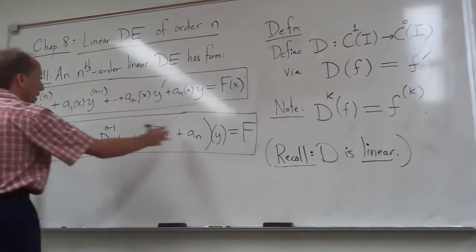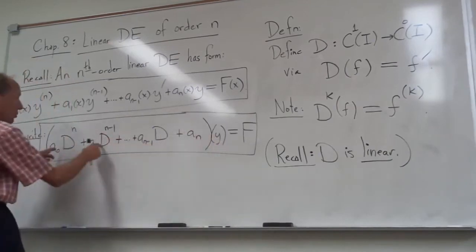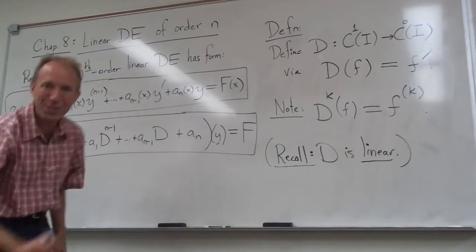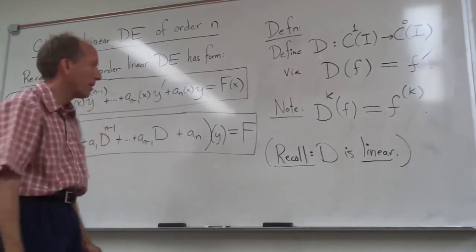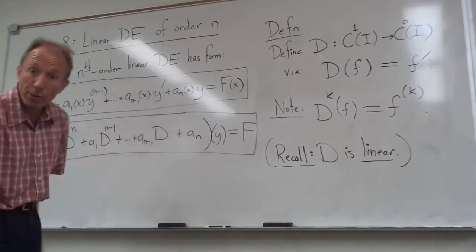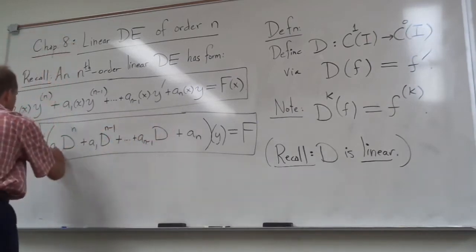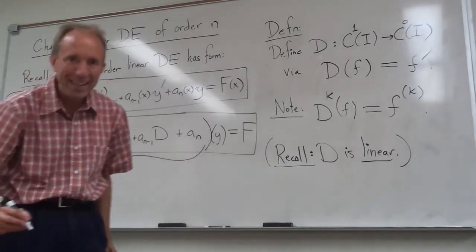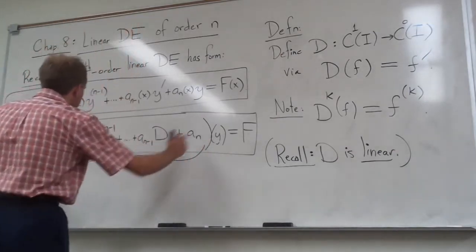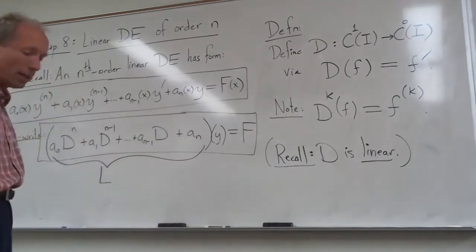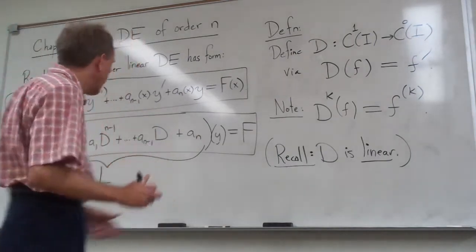So I've just abbreviated things a little bit, but this is the way it would look. If you literally imagine distributing this sum out to the y's, you're just going to get each one of these terms that's sitting right here. This is just a combination of linear operations. So this whole thing is linear again, and in fact, to make things even more abbreviated, I'm going to take that whole parenthesized expression and call it L. L is going to represent that whole thing on the left side.